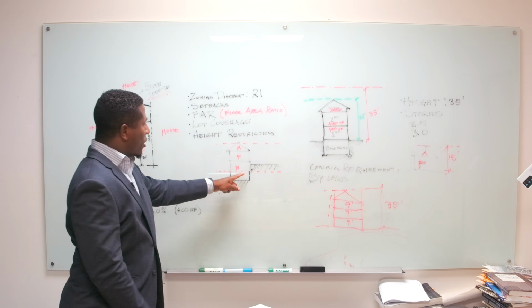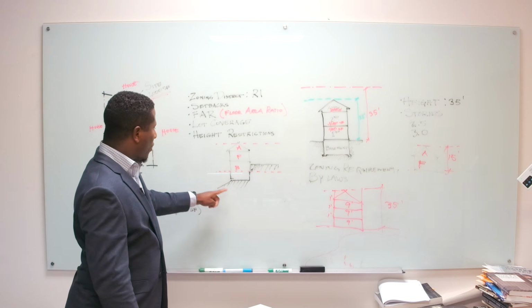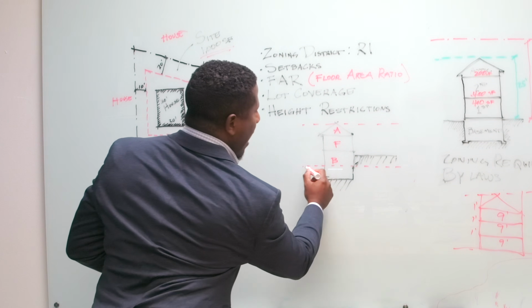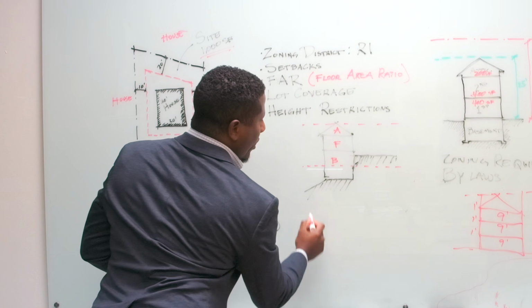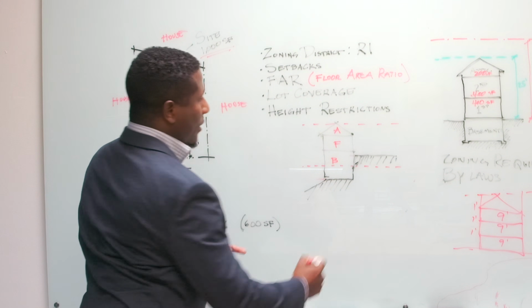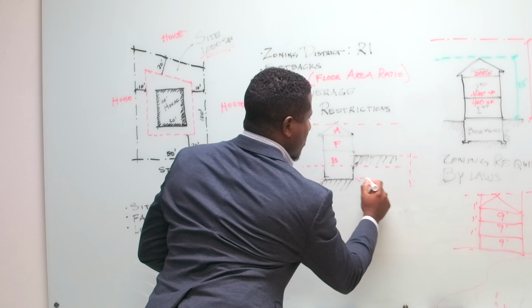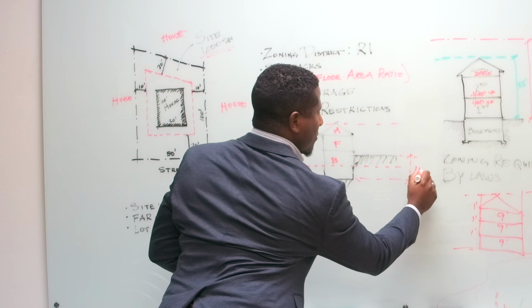But in a case where one side of your lot is higher than the other, the rule of thumb is that you take half of the height between the highest point and the lowest point. So let's say this relationship is 10 feet.